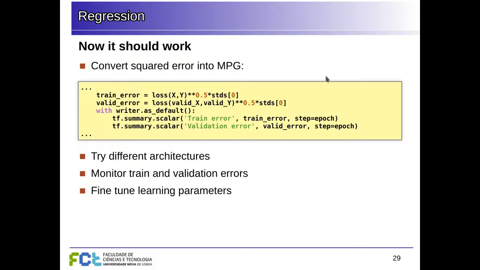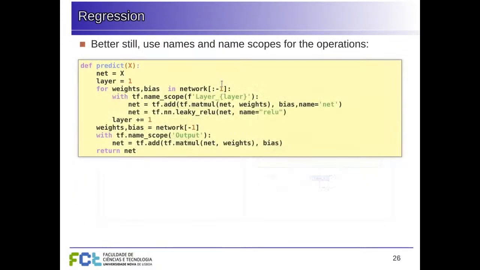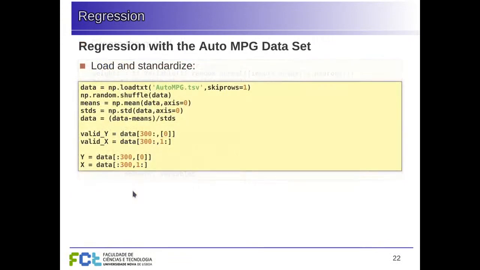Okay, so now, when you are reporting the error, you should convert your error into miles per gallon. To minimize these numerical problems, we standardized all the data, including the target values, and we keep here the values of the standard deviations that we found for the original values in our data set.